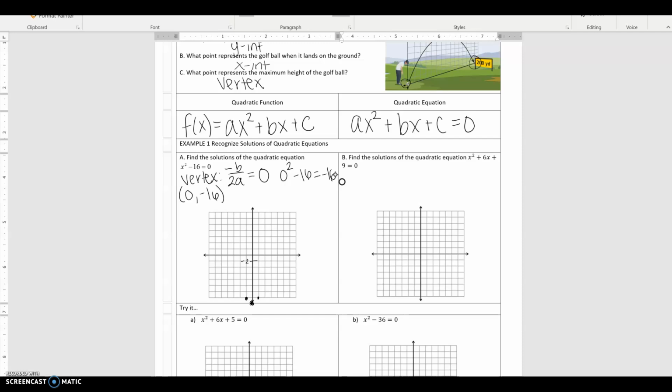So this is negative 2, negative 4, negative 6, negative 8, negative 10, negative 12, negative 14, and negative 16. So when we go up 1, it's actually still off the graph. And then we would go 4. So since we're scaling by 2's, it would be 2, right? So over 2, up 2, 1, 2.